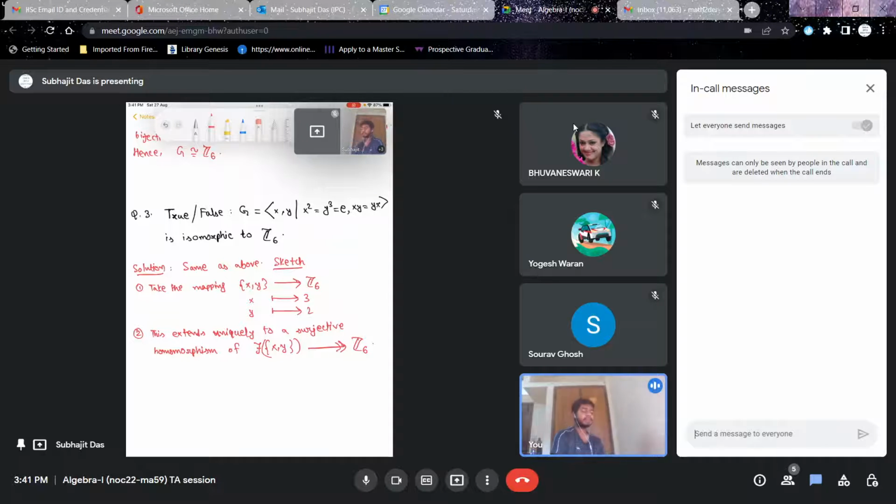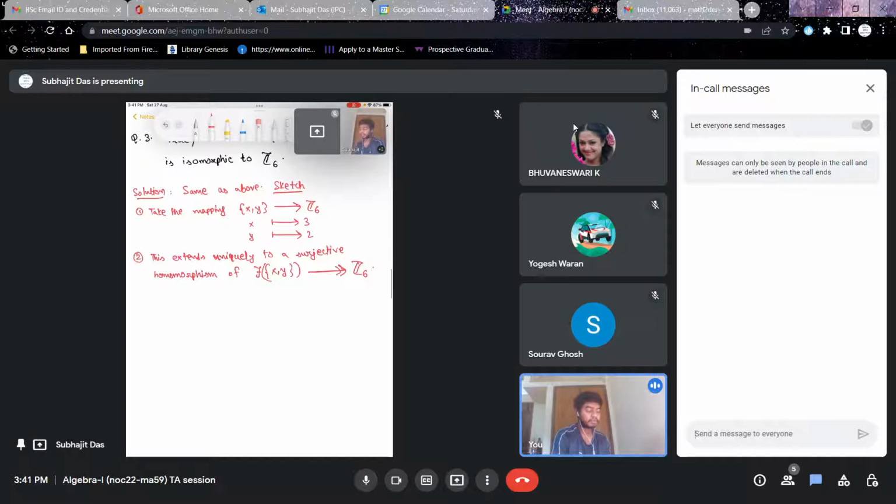So we are basically doing the same thing. You are taking the set {x, y} and Z6 as a set, and considering a mapping of {x, y} into Z6, and right after that you are extending it uniquely to a surjective homomorphism of the free group generated by x and y onto Z6. This will be a surjective map as we saw previously, precisely because 1 is in the image, right?